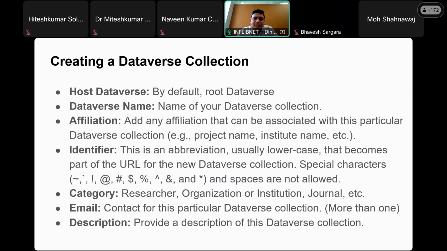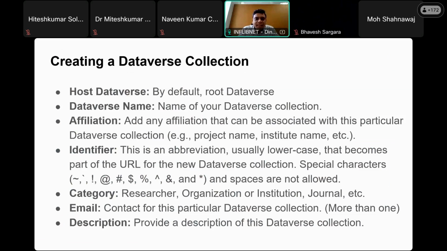Under that, the dataverse will be created, and the nodal officer for that sub dataverse will be assigned from our end. For that, the institute, after signing the MOU, has to allocate a person who will be the nodal officer for that project. That person can log in and manage their individual dataverse.